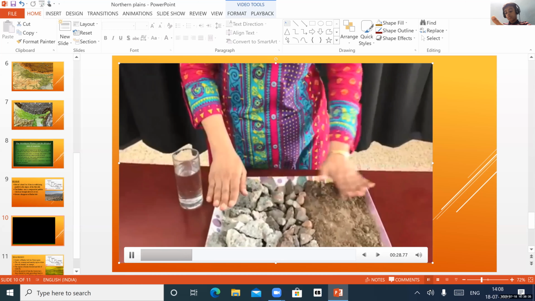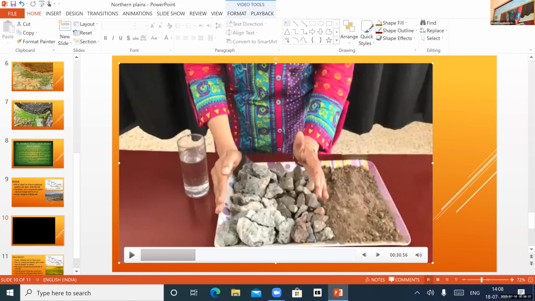Okay. Here we have mountains. This is the foothills, that means the lower part of mountains. Right? Here we have mountains. This part is plain area, plain land. Then rivers deposited pebbles, stones and soil in the plain area.